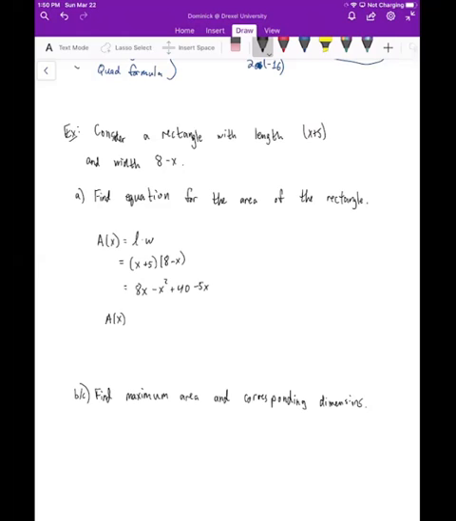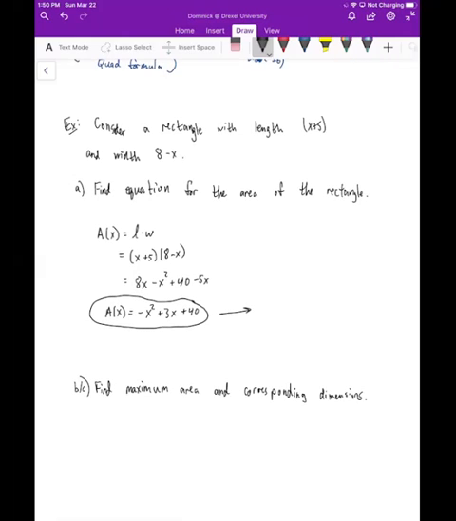If we simplify and combine like terms, we'll get negative x squared plus 3x plus 40.